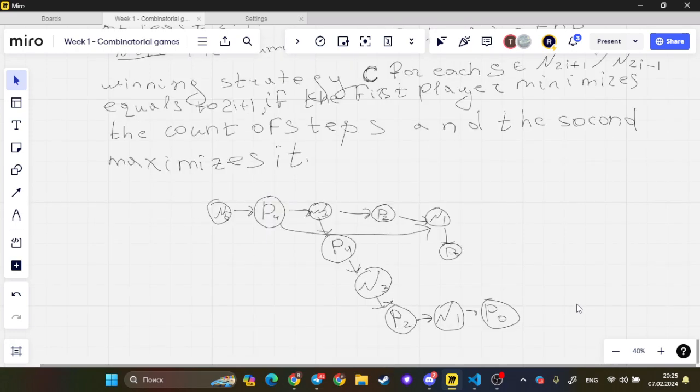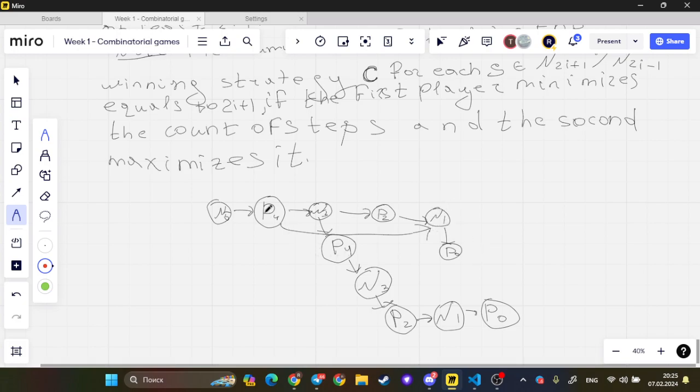Because look at this example. Consider a situation where the second player makes a move to this vertex, to the N1 vertex.